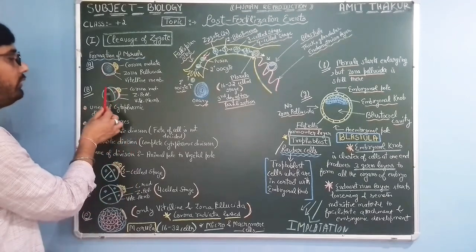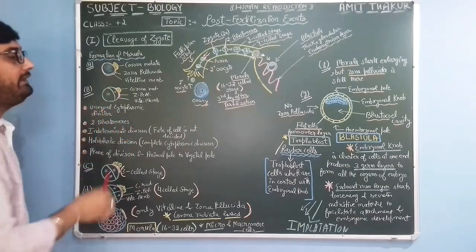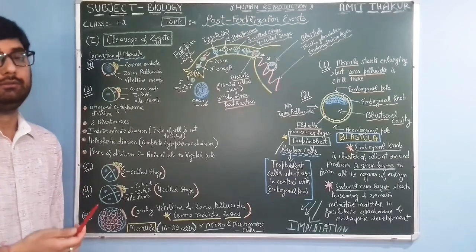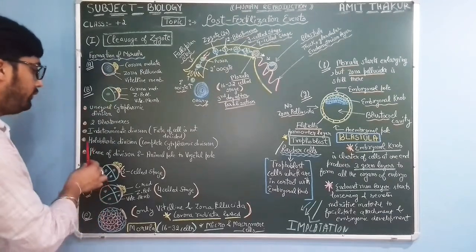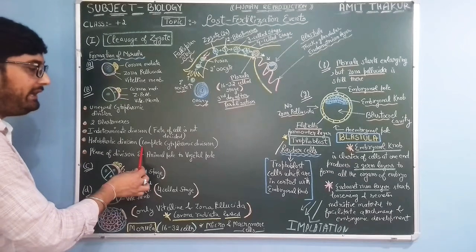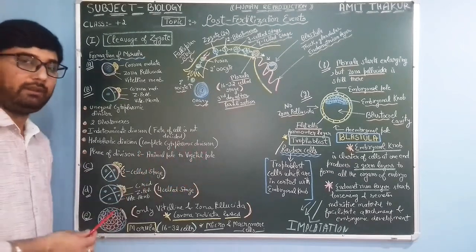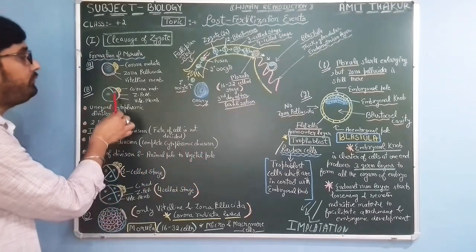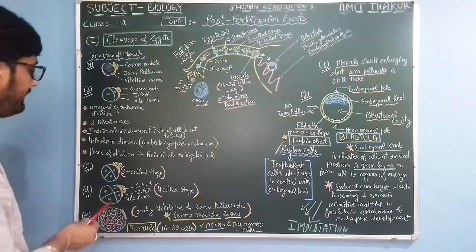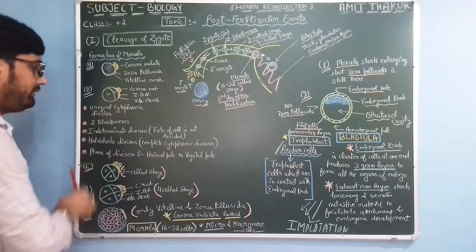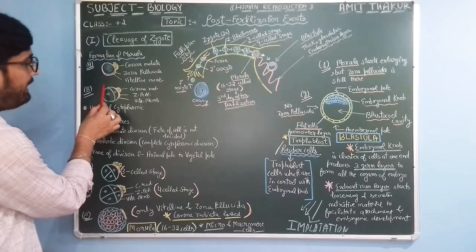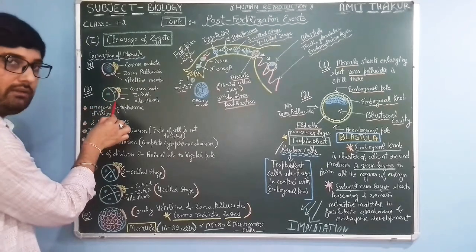Holoblastic means all of the cytoplasm takes part in the division process. So in holoblastic division, complete cytoplasmic division takes place during the formation of the 2-celled stage. And then the plane of division is always from the animal pole to the vegetal pole.